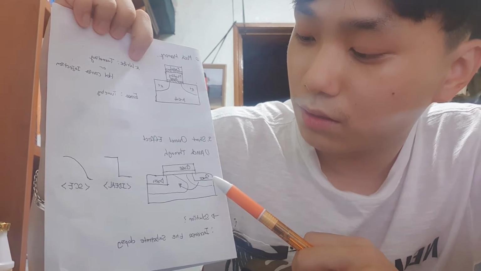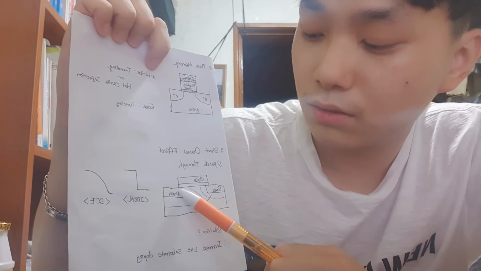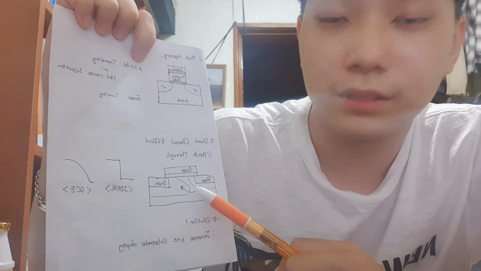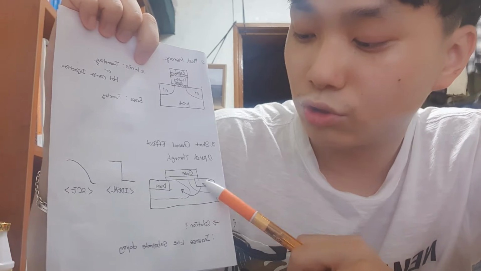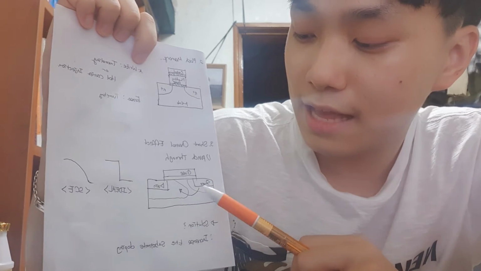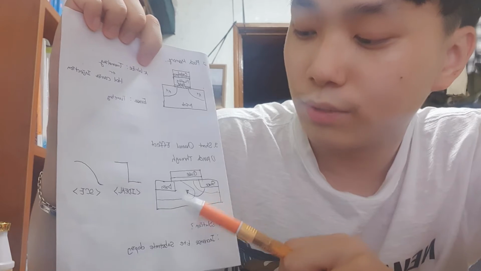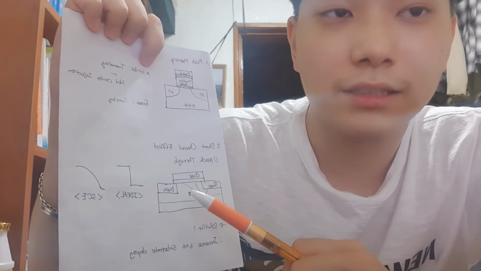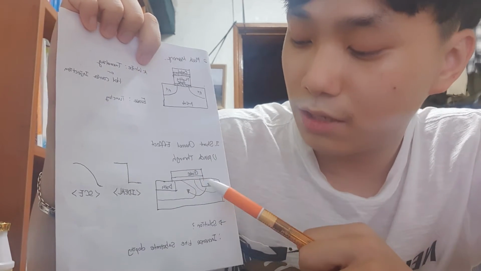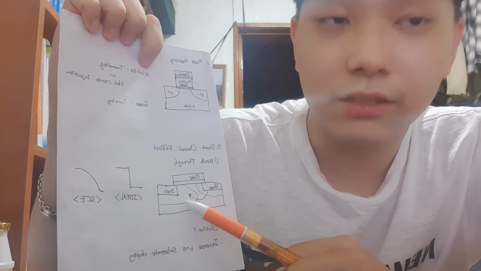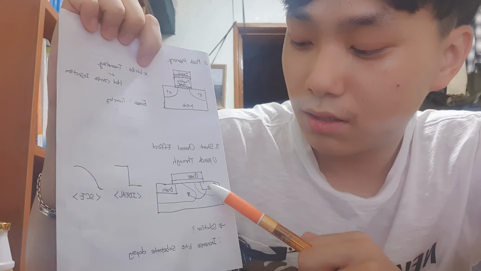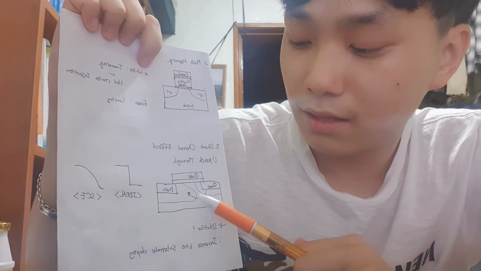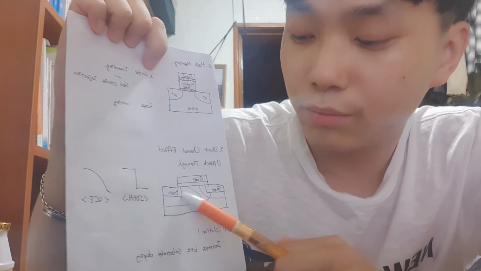When the device becomes shorter, the source to body depletion region and the drain to body depletion region overlap, so it makes another path, an electron path between the source and drain, into the body.